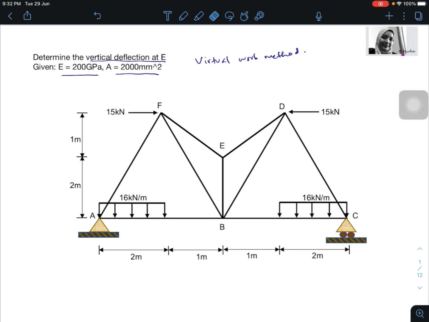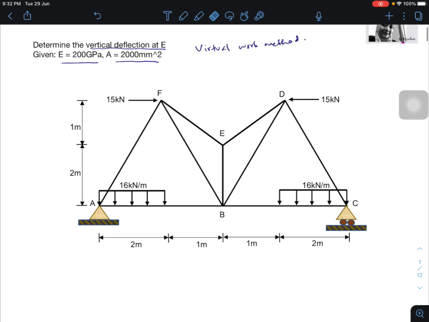When we talk about the virtual work method, this formula can be used for deflection: deflection equals the sum of small n capital N L over AE.